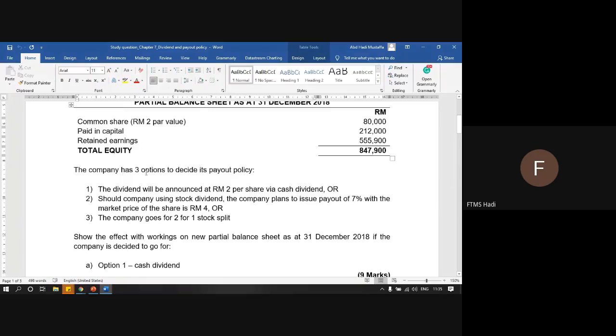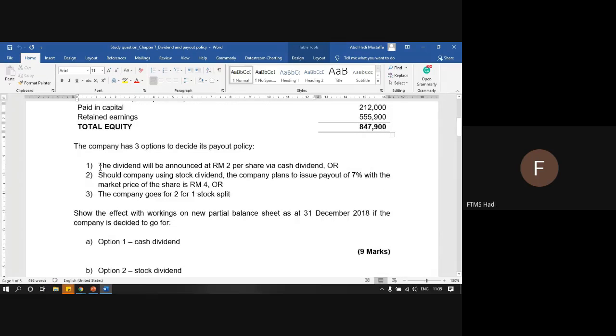The company has three options to decide on its payout policy. Option number one: dividend will be announced at 2 ringgit per share via cash dividend. Option number two: should the company use stock dividend, the company plans to issue a payout of 7% with the market price of the share at 4 ringgit. Or the last one, the company goes for a 2-for-1 stock split.